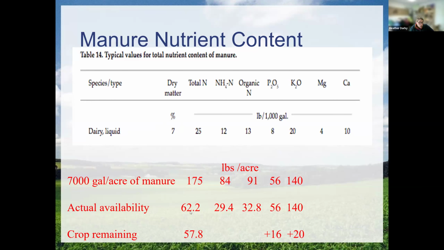Remember, I said our crop needed 120, so we are short for this year. That's why we have to know exactly what you're putting on the fields, how much, what's in it, and how you're doing it, so that we can predict how much you're going to get, how much the crop needs, and if there's a remaining need or not. So this is important.